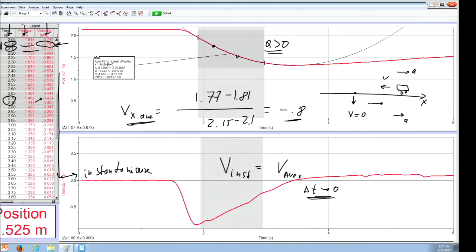But for the first part of the motion, the cart was slowing down. And for the second part of the motion, when it was traveling back, the cart was speeding up. So we have in this experiment 2 cases. First case, when velocity and acceleration are opposite.